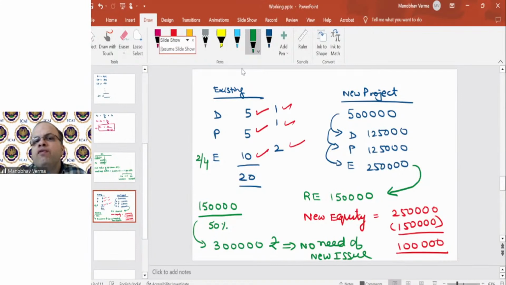Retained earnings is already there of 1,50,000. We are calculating till what amount we do not need new equity. That's 3 lakh. Absolutely perfect, Abdul. Abdul already calculated that it's 3 lakhs. So till 3 lakhs of a project, you don't need new equity. Till 3 lakhs, my marginal cost of capital will not be a different one. It will be the same as the WACC. But beyond 3 lakhs, my marginal cost of capital will slightly increase, guys.